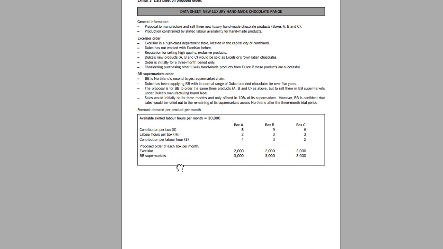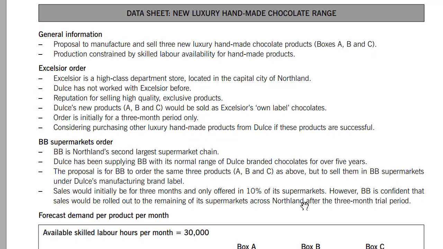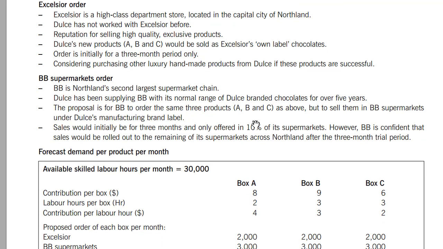All right, what do we have here? We are looking at a limiting factor, scarce resource type of problem. This requirement is testing the assumed knowledge that you need to bring forward from performance management into SBL.